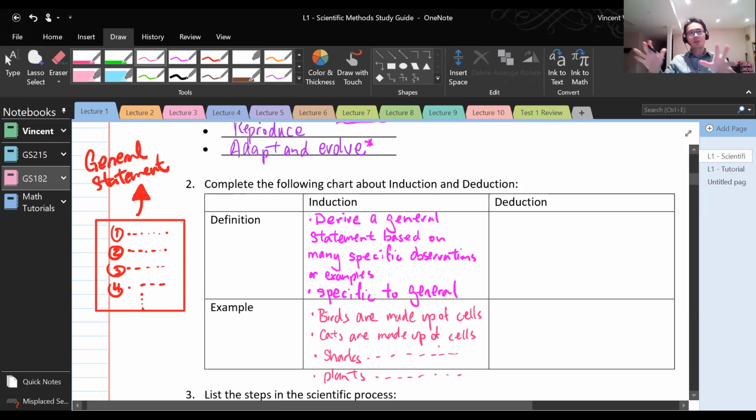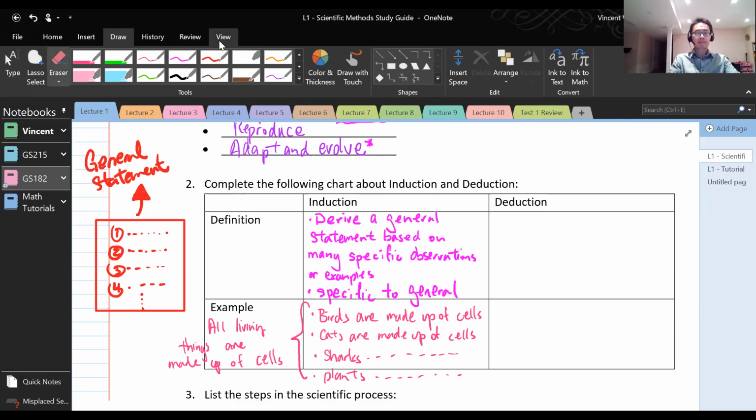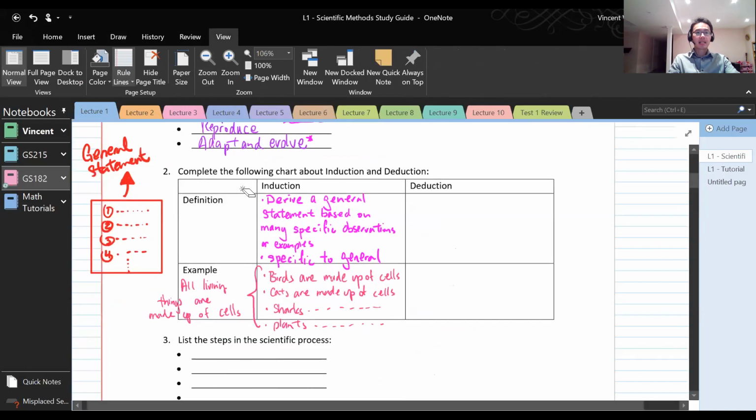So you make all these observations that they're all made up of cells, and so you come up with a general concluding statement that all living things are made up of cells. That is an example of induction.